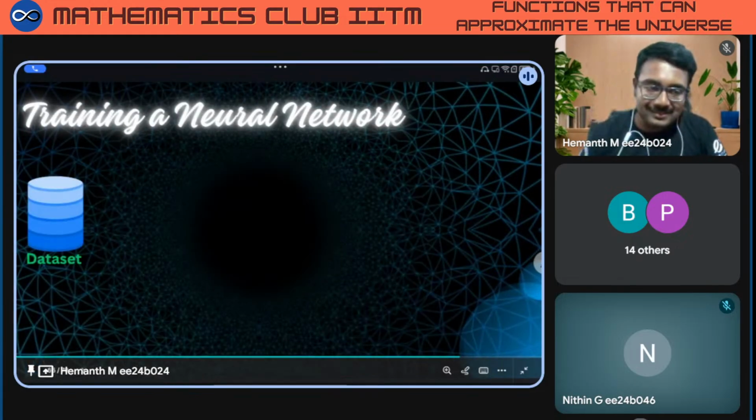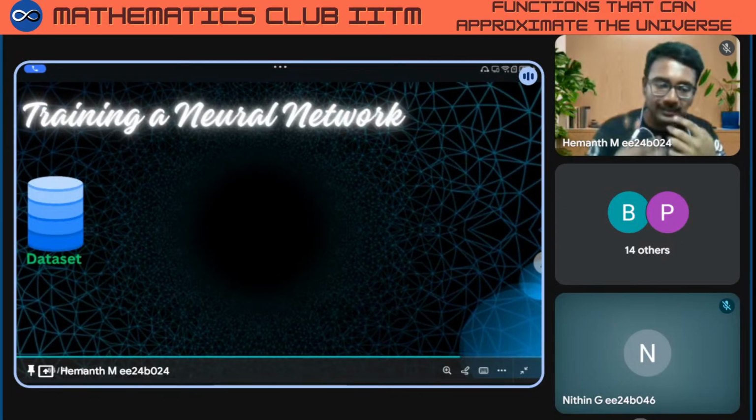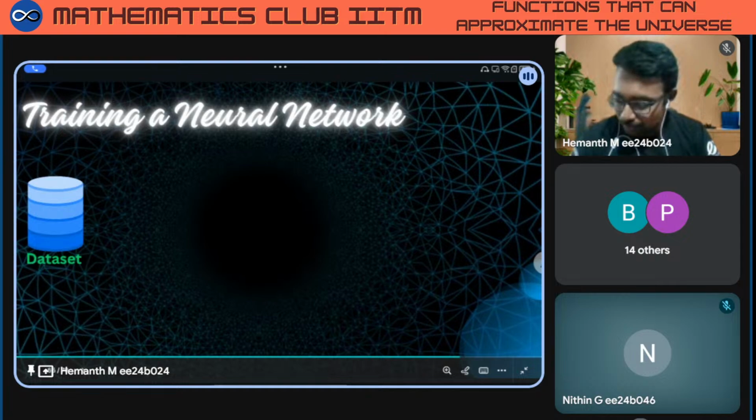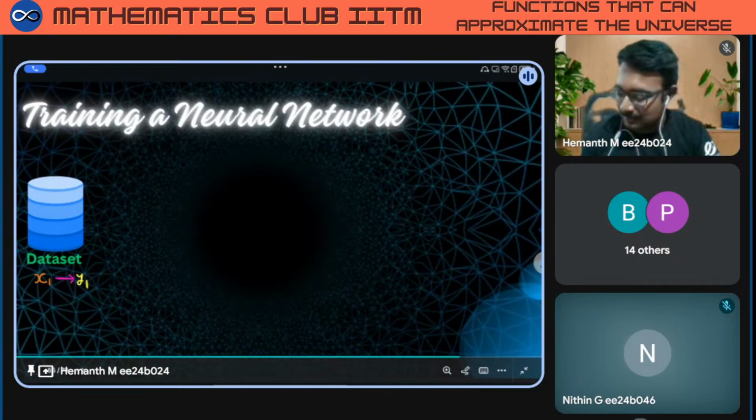So now let's get into how these networks are trained. Here we have a data set, and the goal is that I provide this network with some data and want it to learn from this data. What we essentially have is, for some input x1, the output is y1. I know this prior. Here x and y are vectors, meaning I can have any number of neurons in the input and output space.